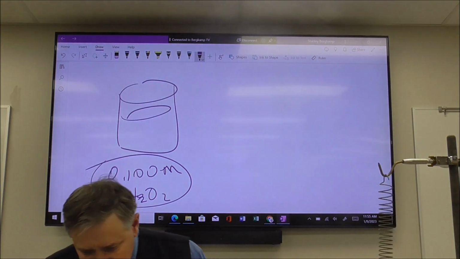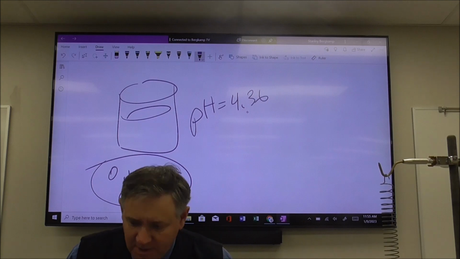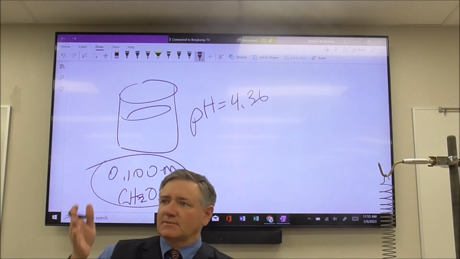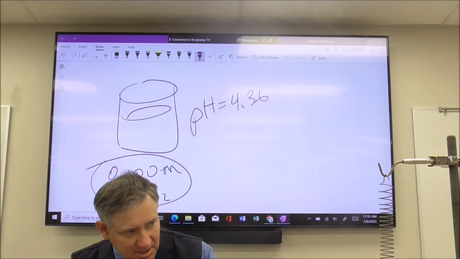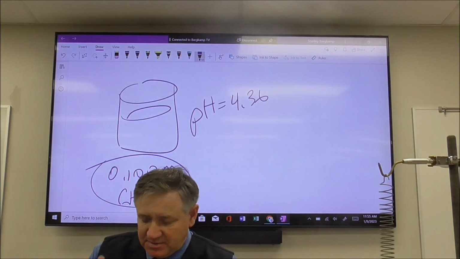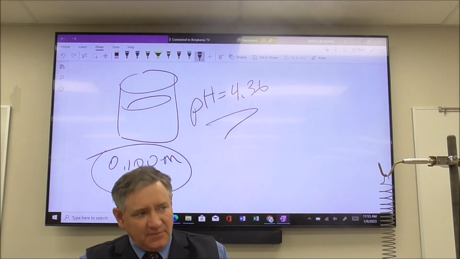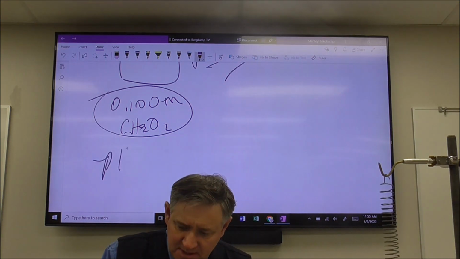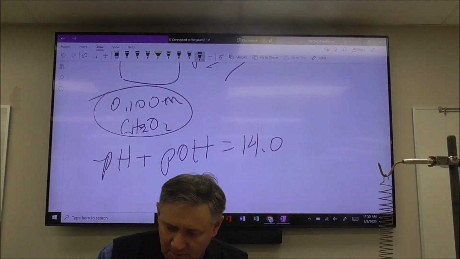When I read the pH, it is 4.36. If I want to get an idea of the actual hydronium ion concentration in this beaker, there's a whole bunch of different things once we get that pH. One thing is, you'll notice that pH plus pOH add up to 14.